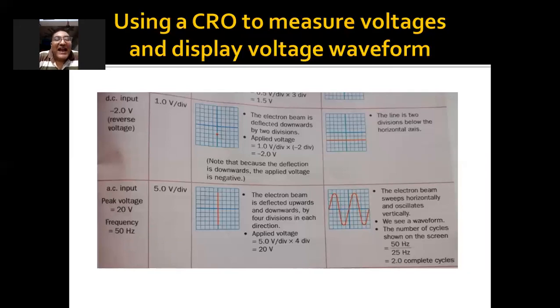So divide Fy by Fx. So 50 hertz divided by 25 hertz. So on the screen of the CRO, 2 complete waves will be shown. And you can see here 2 complete waves have been shown.